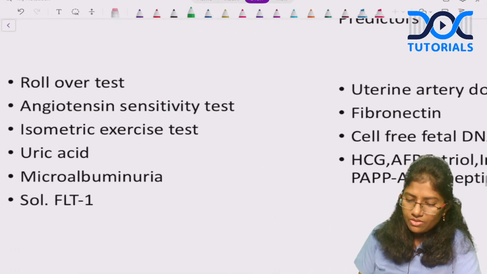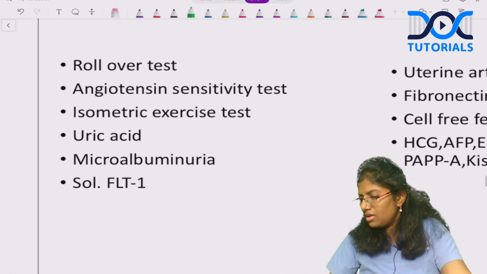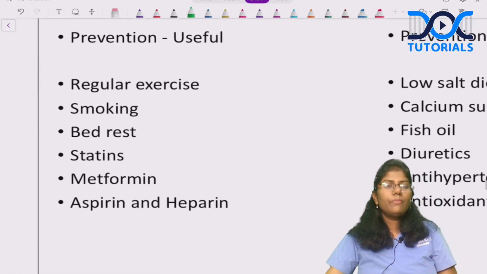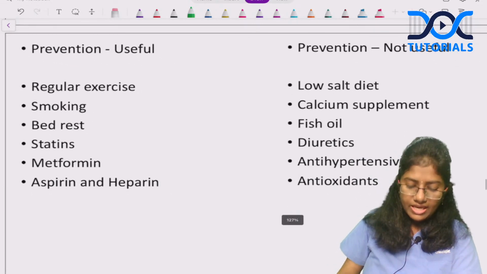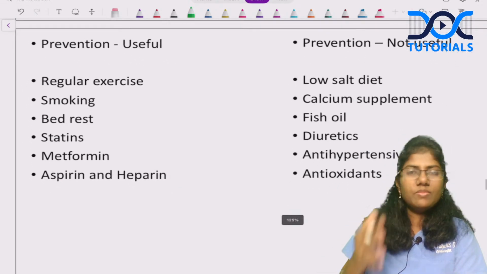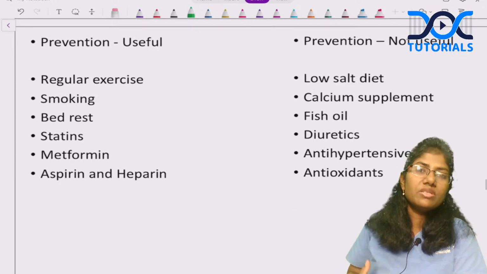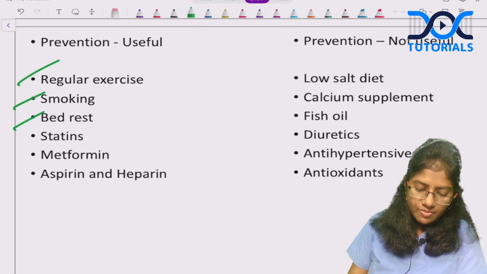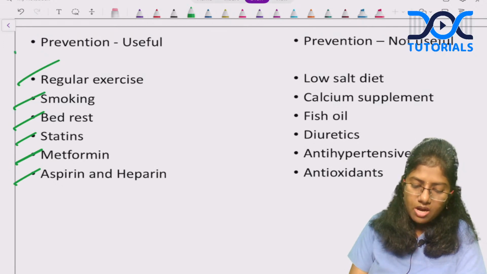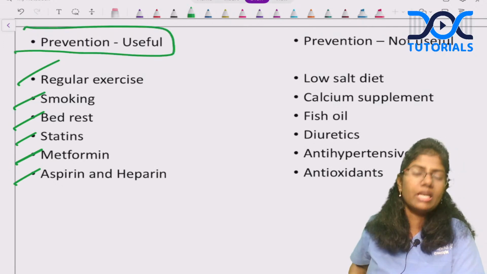This chart: prevention, which is useful, which is not useful. This again is one MCQ area from which questions have been repeatedly asked. So guys, please remember, smoking, regular exercise, bed rest, statins, metformin and aspirin, all these are useful in preventing preeclampsia.